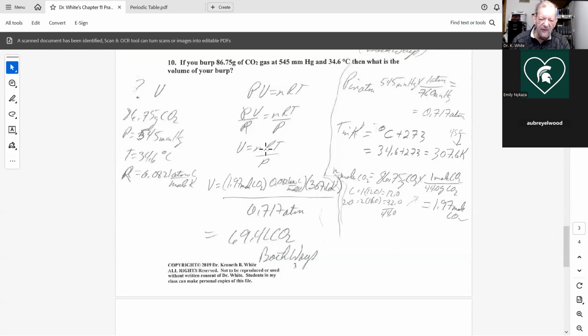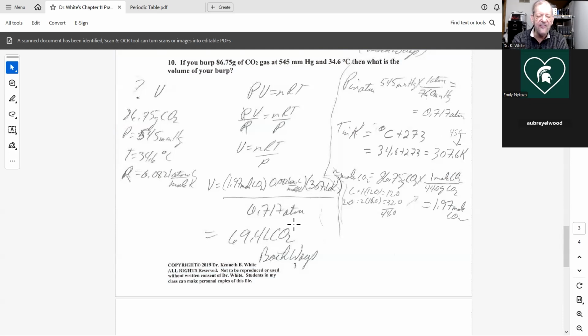Now from PV equals nRT, we can put in n, we can put in R, we can put in the temperature right here, then the pressure in atmospheres. Common mistake using this type of problem, students put in pressure in millimeters of mercury or torr.